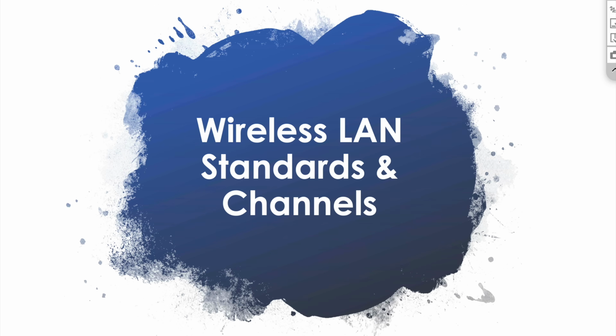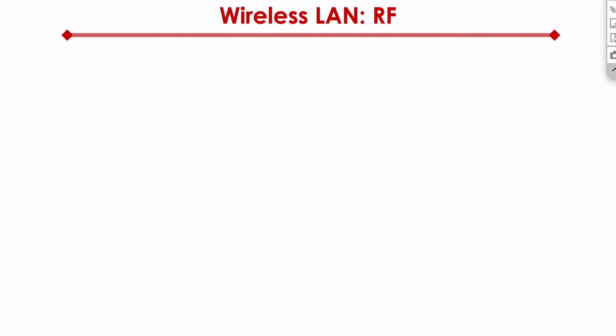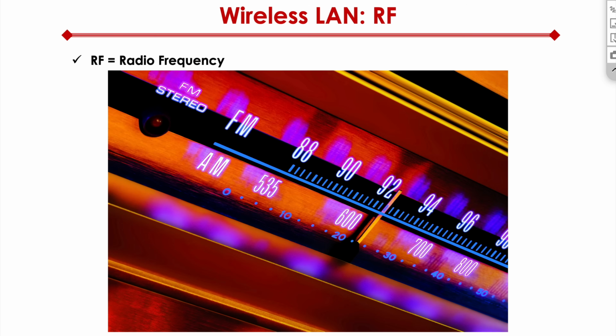Now let's discuss different wireless LAN standards and channels. First, let's discuss radio frequency. RF, or radio frequency, is what the wireless local area network is all about. When I think of radio frequency, what I think of is the radio in your car, the FM stereo player.